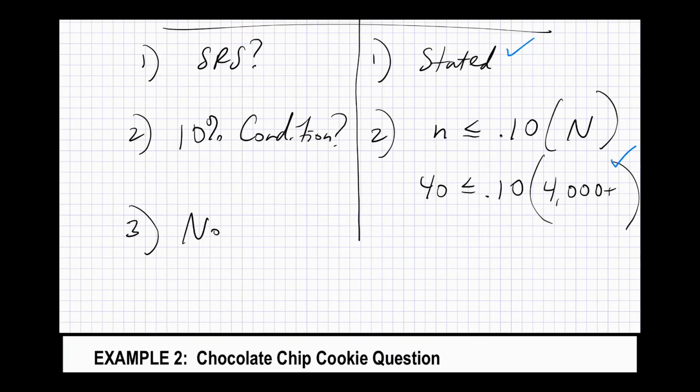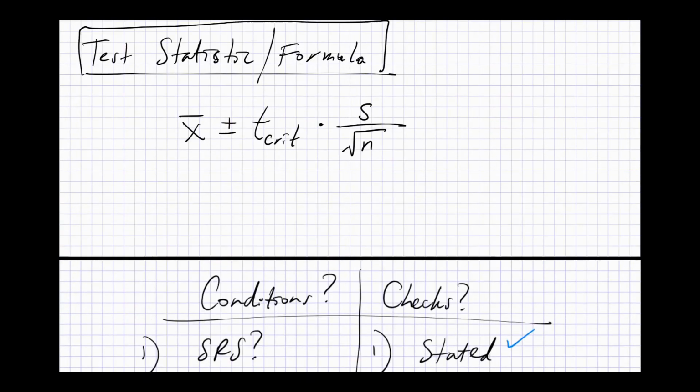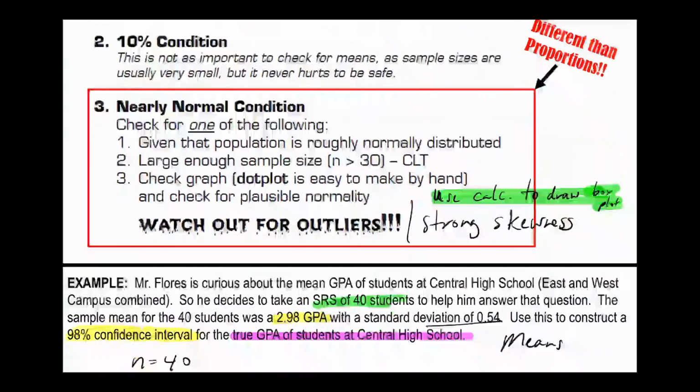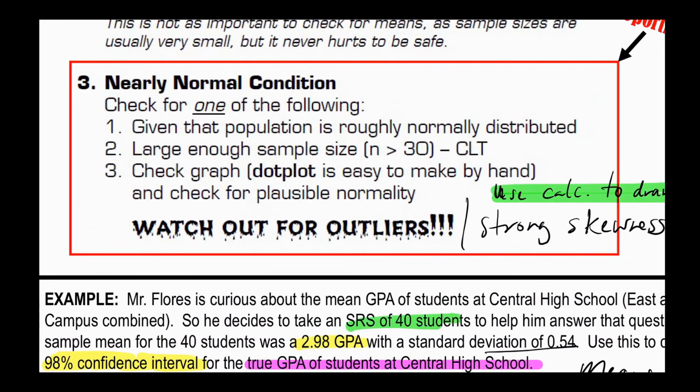Number 3, normality. This is where we're not going to use n times p. We have 3 options here, so let's go back over them. Option 1, in the question it was given the population is roughly normally distributed.